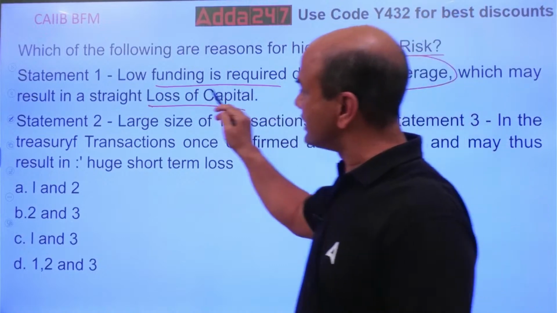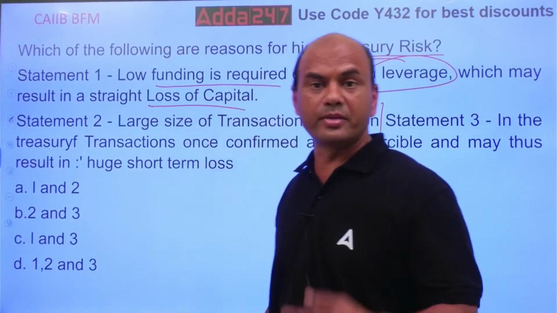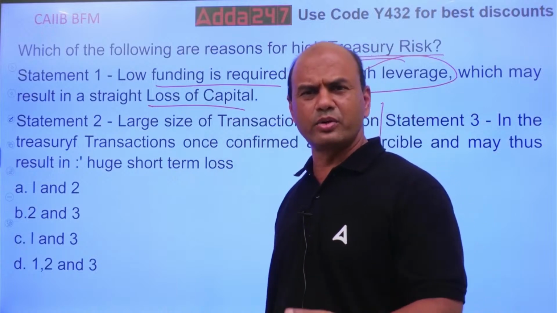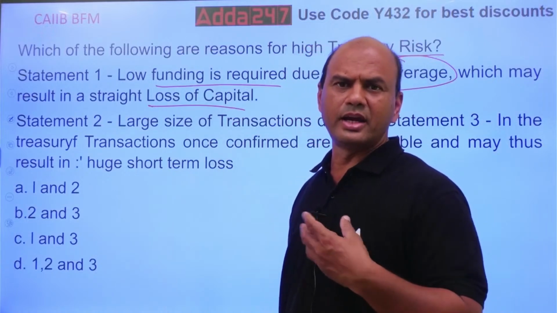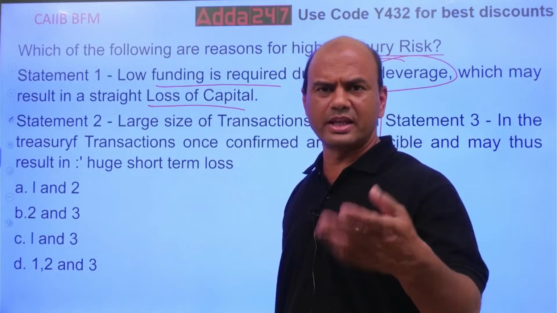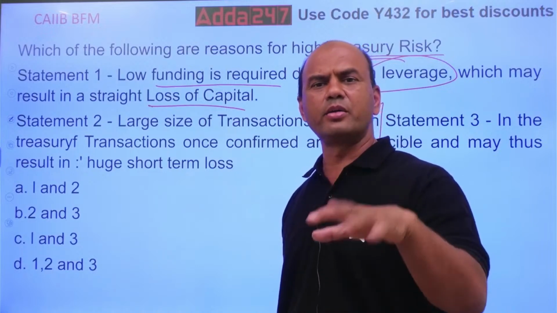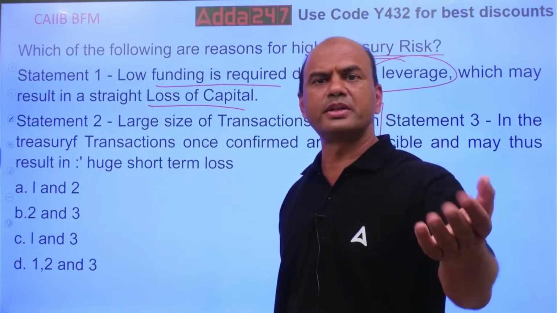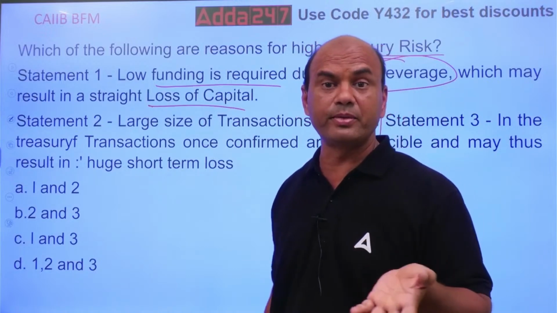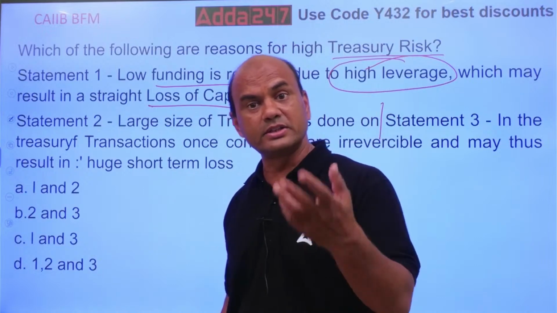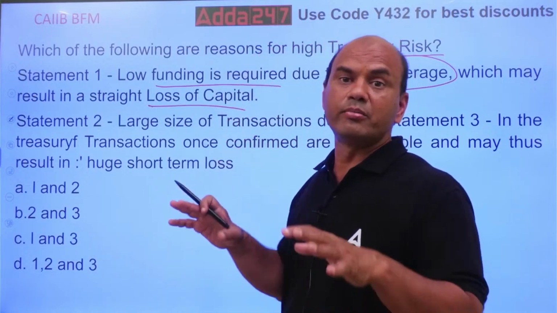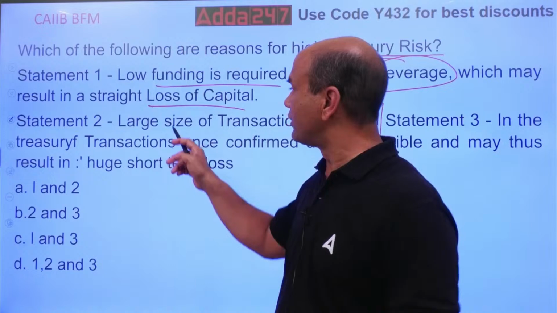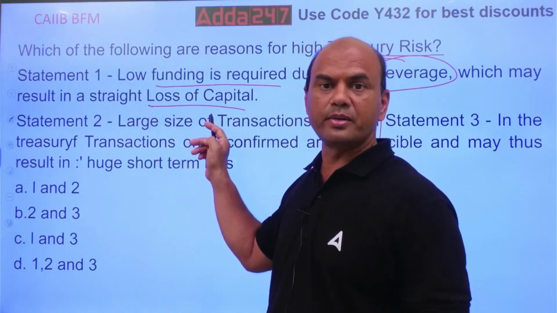If I am having 100 rupees and I am taking money from outside, 500 rupees, then 100 rupees capital, 500 rupees I am taking. 400, where will the gap be filled in? That is known as leverage. So if my whole cycle stops, it will result in straight loss of capital.